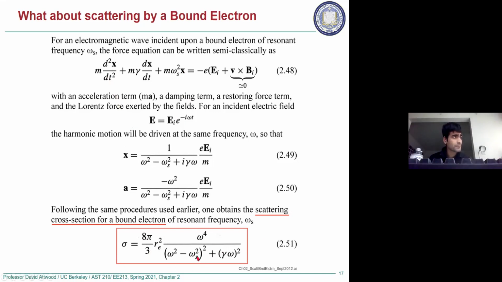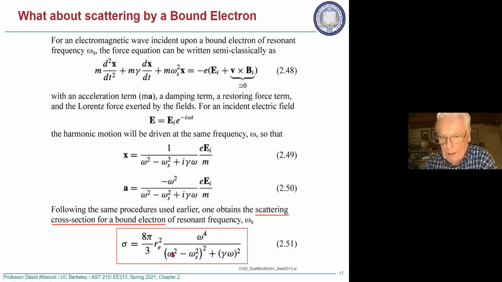Let's look at some examples. If omega, the X-ray oscillation, is close to the resonant frequency, for instance a transition between n equals 1 and n equals 2, if the incoming radiation is close to that, there's going to be a very large cross-section. It's going to scatter like crazy.